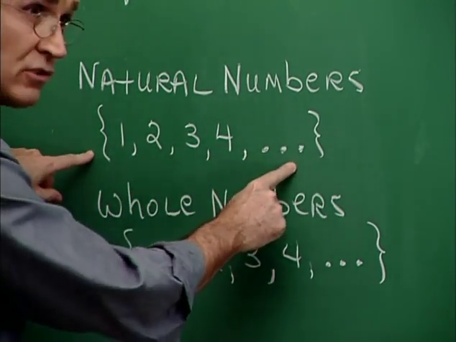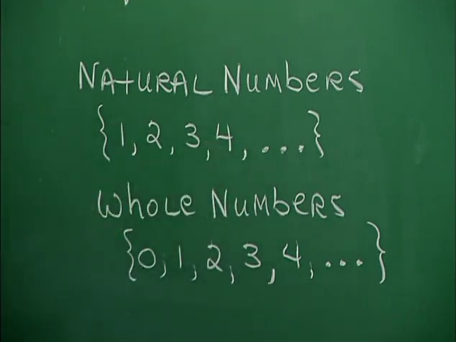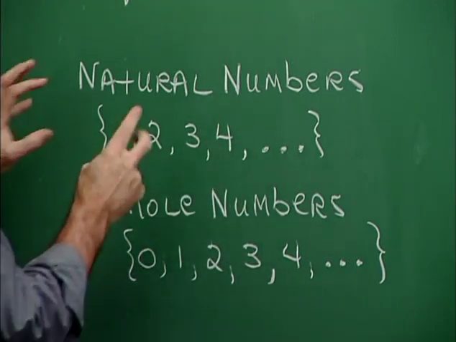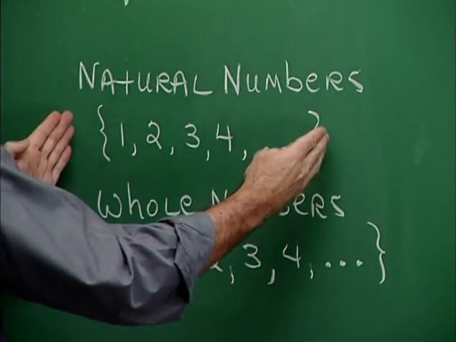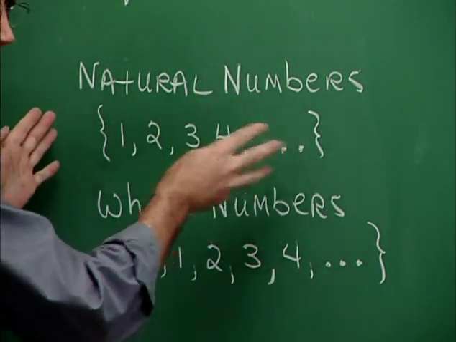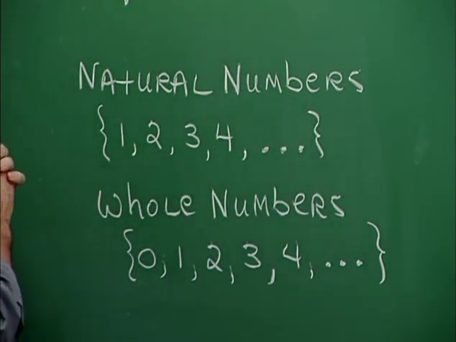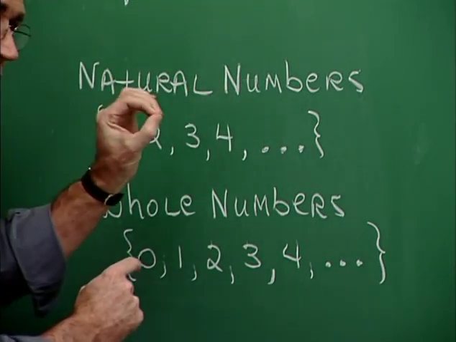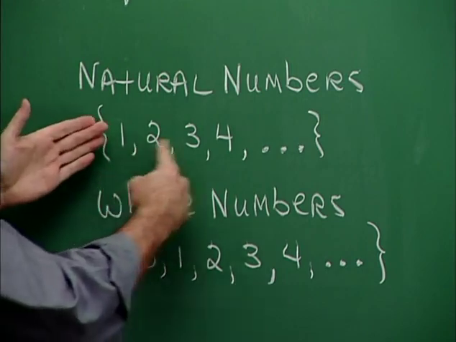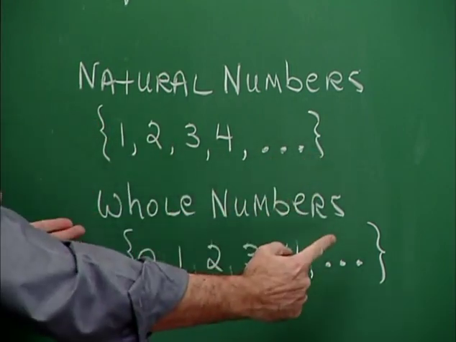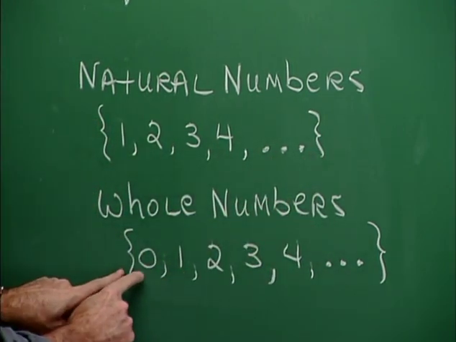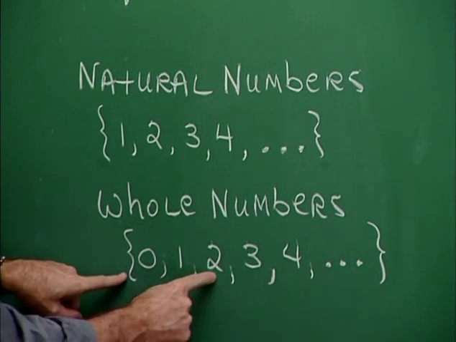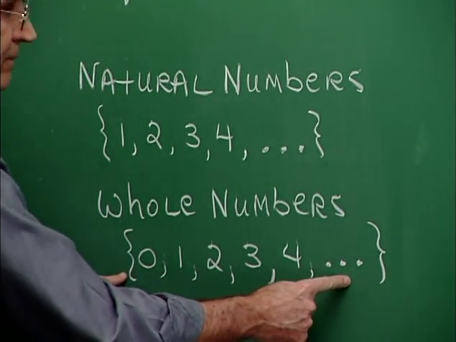The ellipsis means and so on in the pattern that has been established. Now, if we take this set of numbers, the set of natural numbers, and by the way, these are sometimes called the counting numbers as well as natural numbers, and we add the element 0 to this set, we have the set of whole numbers. So whole numbers are the set consisting of 0, 1, 2, 3, 4, and so on.